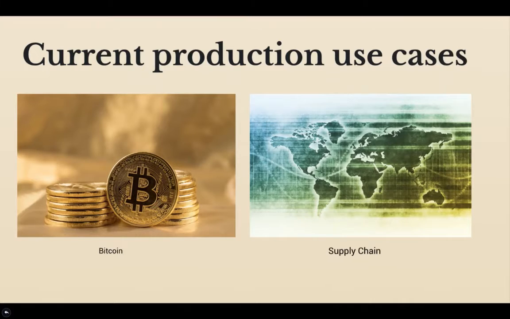The manufacturer's ledger says that it left. The distributor's ledger says that it was received. It's the same ledger, immutable and undeniable. This is, I think, a very exciting and very focused example of the current use cases for blockchain.